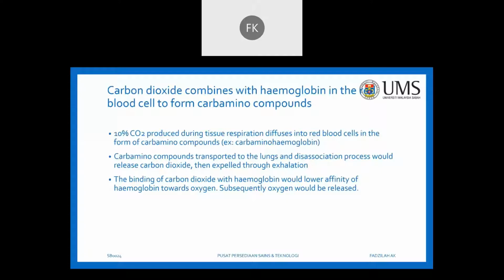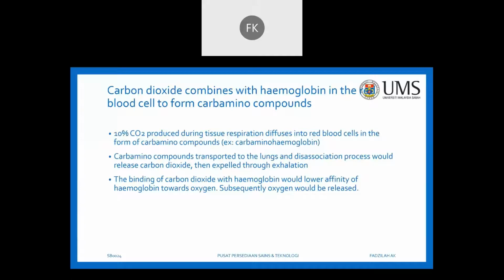The binding of carbon dioxide with hemoglobin would lower the affinity of hemoglobin towards oxygen. Subsequently, oxygen would be released. The more concentrated carbon dioxide in the hemoglobin, it will give the body a signal to release oxygen, because yes, there is accumulation of carbon dioxide.